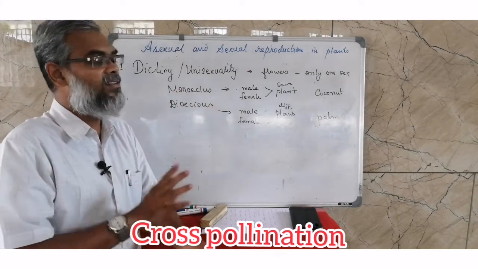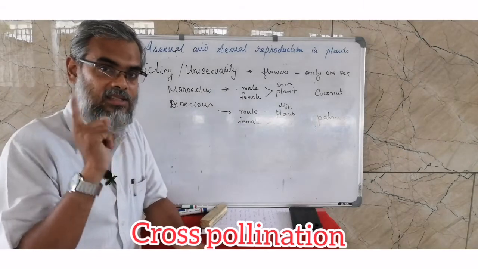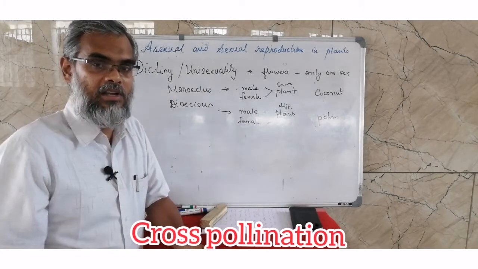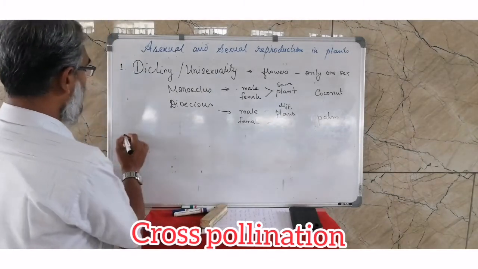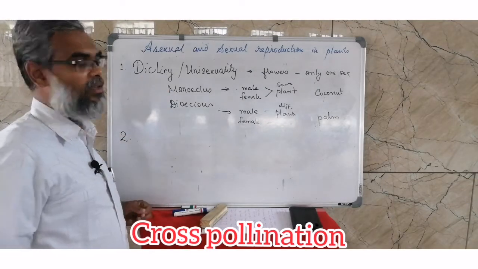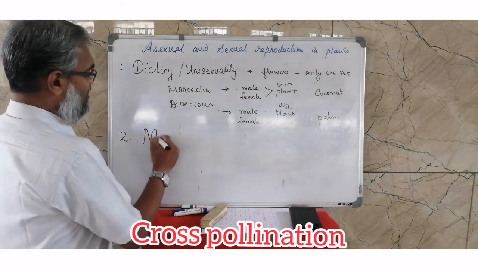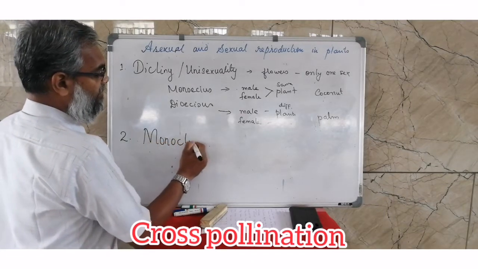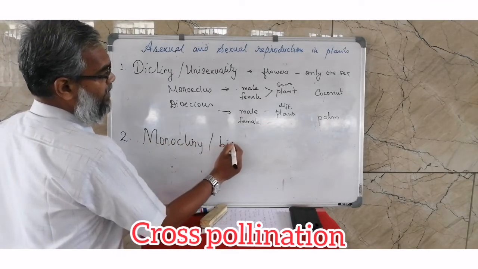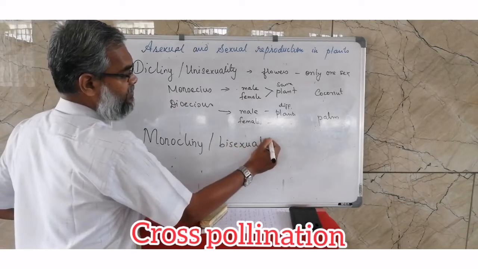This is dicliny, unisexuality. Here, the flowers will have only one sex organ, only one reproductive part, either male or female. So point number 2. If we speak about dicliny or unisexuality, then there is monocliny or bisexuality.